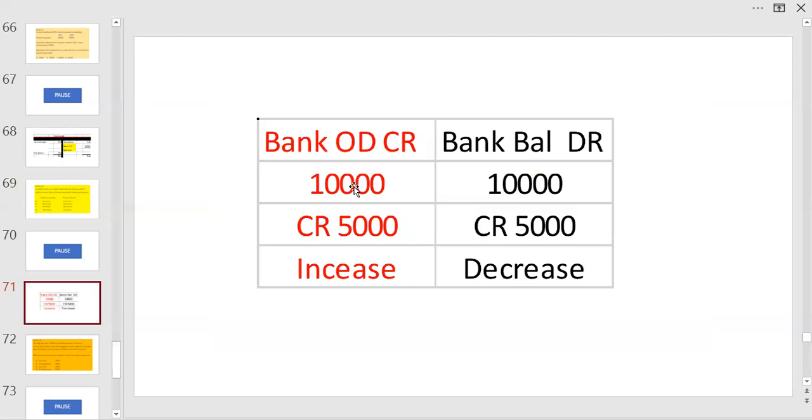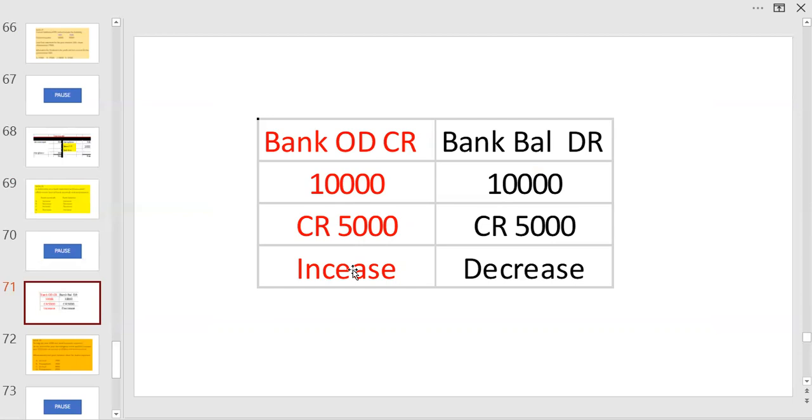OD balance is 10,000 credit. So if there is a debit in the bank statement, as we said already, it will be a credit in our book. So when you do the credit entry here, already 10,000 is here, credit, there is a 5,000 credit. So quite naturally, it will become 15,000.